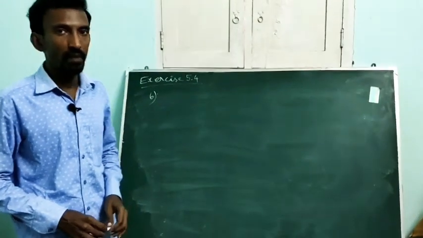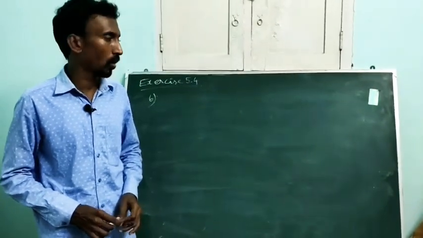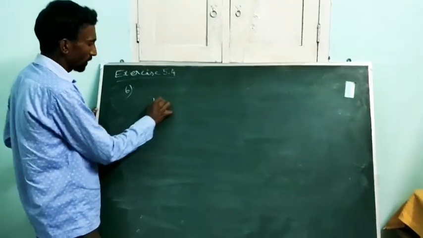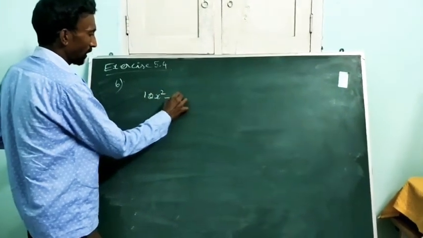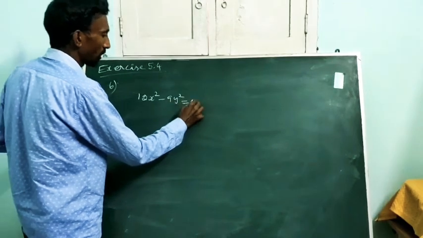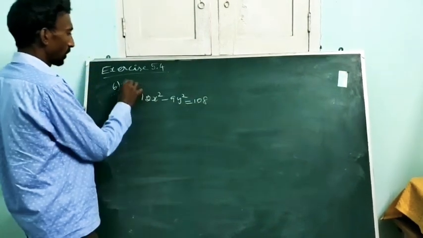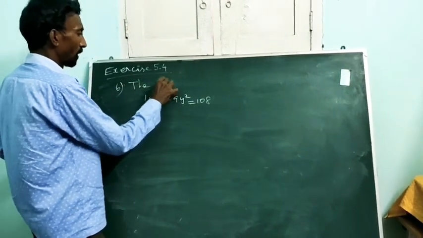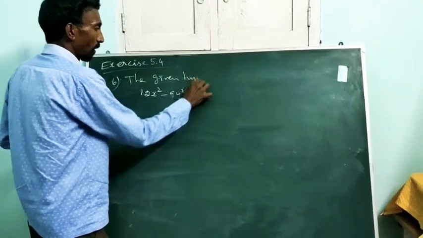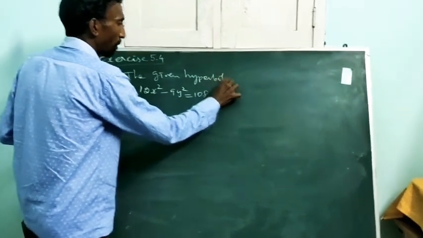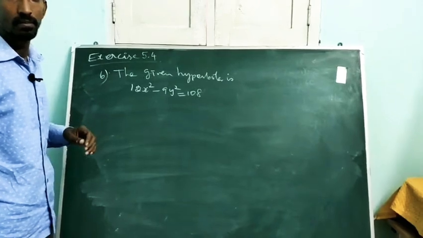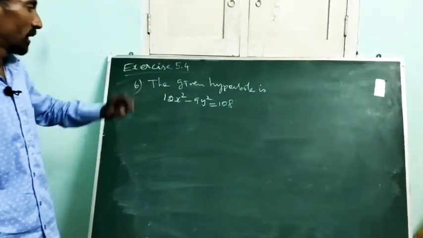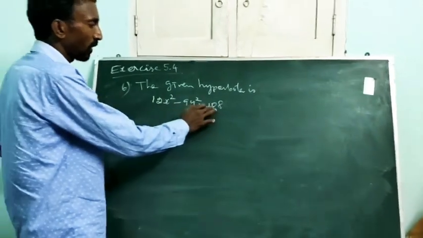Find the equation of tangent and normal to the hyperbola 12x square minus 9y square equal to 108. So this is the given hyperbola. Divide both the sides by 108.